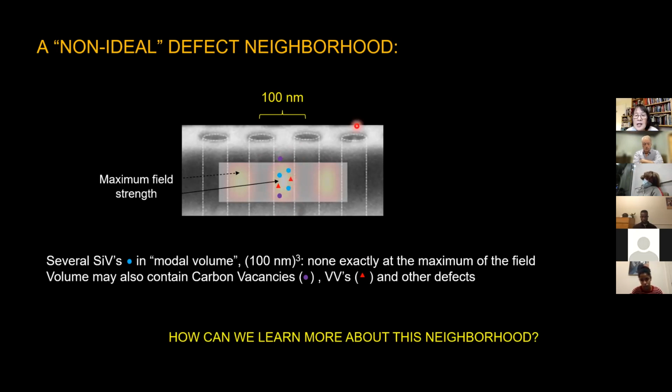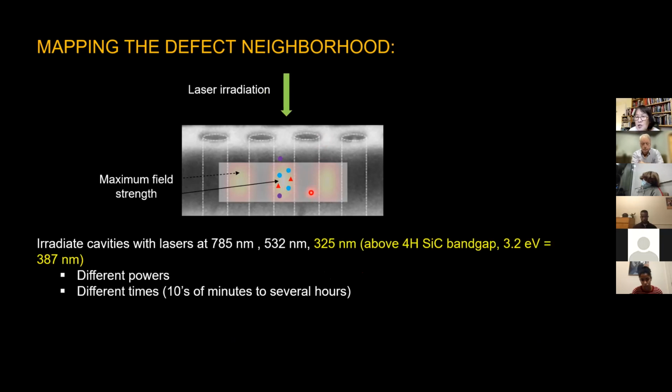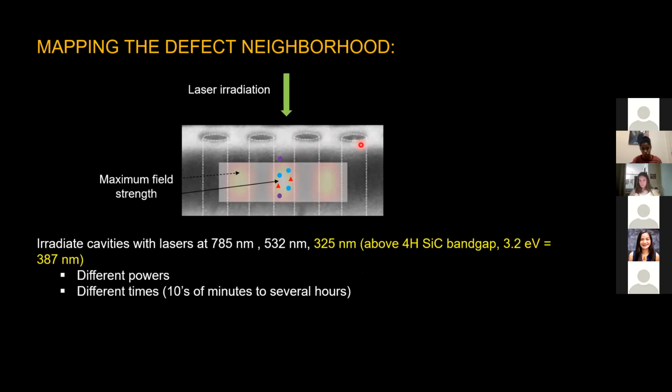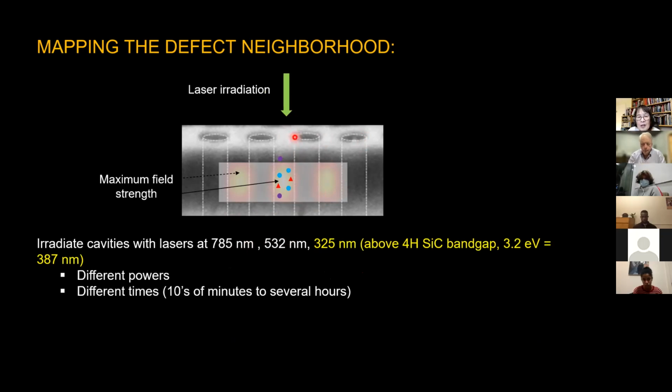This cavity already gives us a great way of interrogating what happens in the neighborhood. The experiment we did is, okay, let's rattle up the neighborhood a little bit. The experiment was done by Mina Gadala, one of our students who recently graduated.